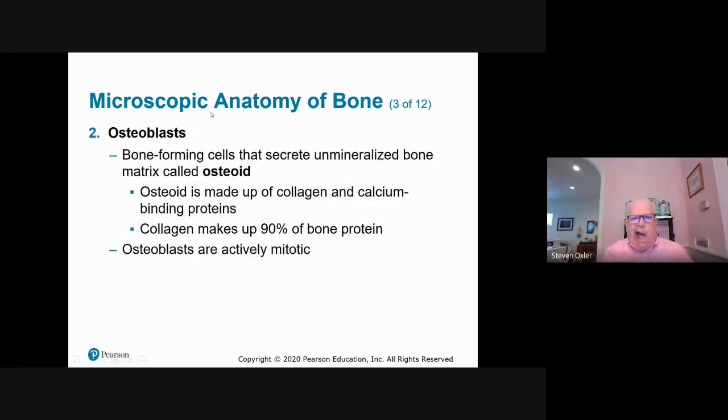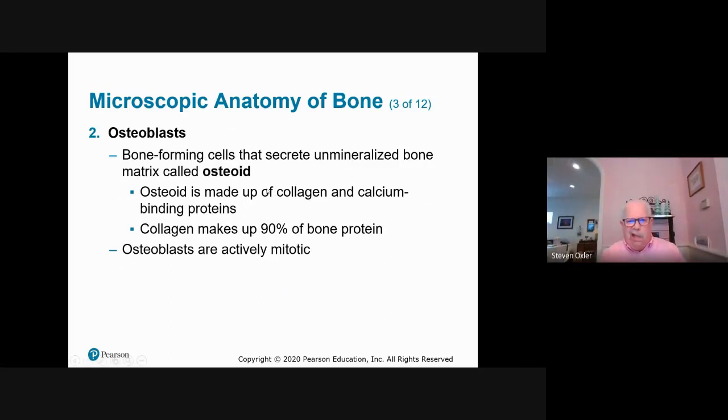The word blast means building. B for building. Osteoblast, build bone. These cells secrete an unmineralized bone matrix called osteoid.